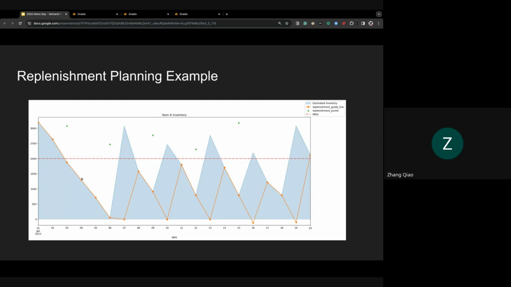By the time the item continues selling, before it completely sells out, likely the shipment has already arrived at the warehouse, and hopefully by that day you will still have a good inventory level and can maintain a good service level. Roughly, this is the idea of how inventory optimization recommendations can be applied to replenishment planning.